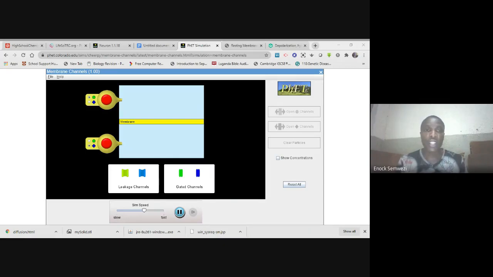Big molecules that cannot pass through the membrane require channels. For example, I have some big molecules here, represented by blue, and others represented by green.